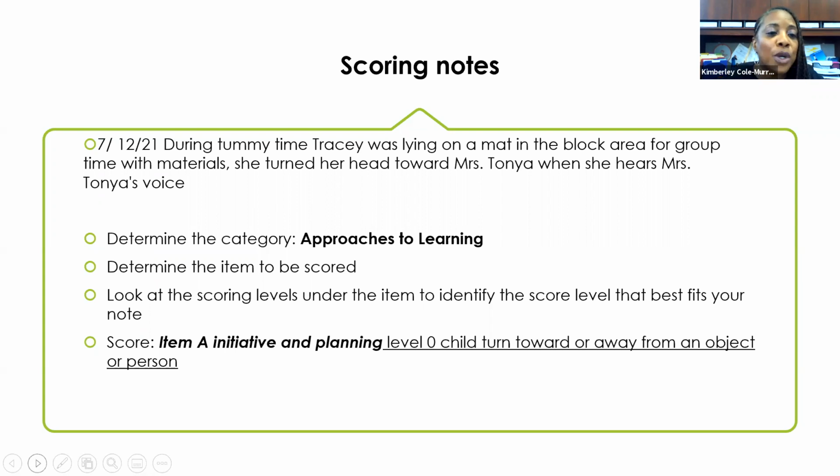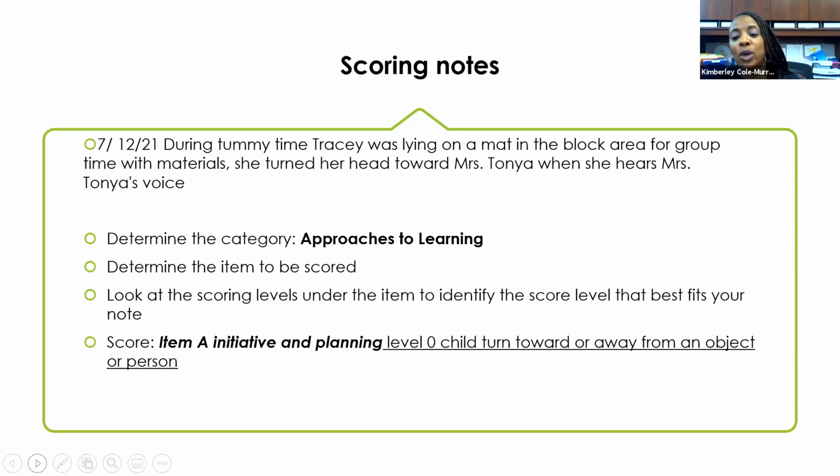Okay, so first we're going to determine the category. The category for this note is approaches to learning. Then we're going to determine the item to be scored. When I look at the chart, the item to be scored was item A, initiative and planning. And under item A, initiative and planning, level 0 said child turned toward or away from an object or a person.